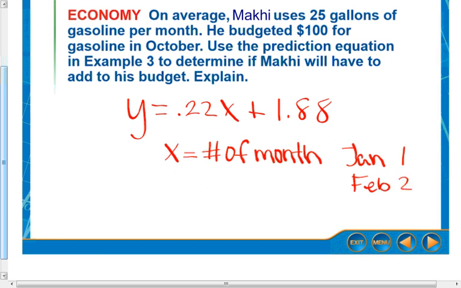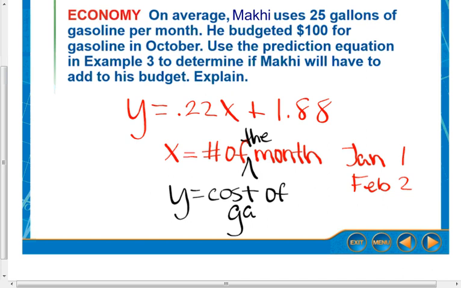So it's the number of the month. That's probably the best way to say it. And then y is just the cost of gasoline. It's good to identify what the variables mean, just to refresh your memory.